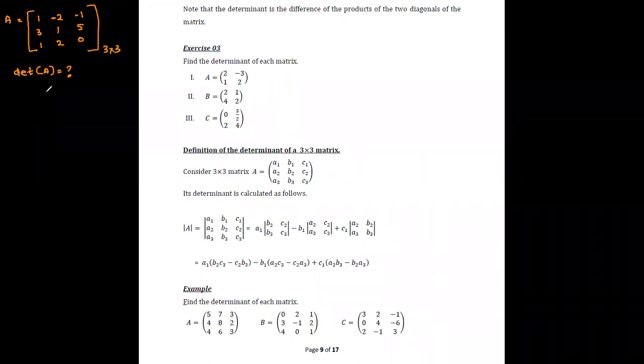Therefore, first we can write down the values inside the determinant notation: 1, minus 2, minus 1, then 3, 1, 5, and 1, 2, 0.